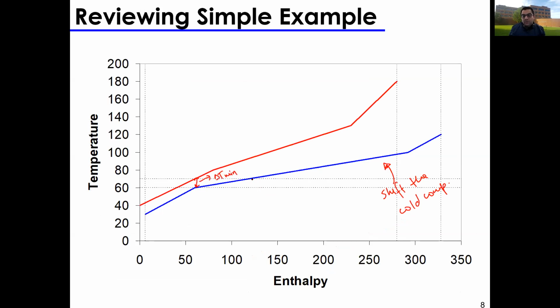Okay, so you just overlay them, and then you move them closer to each other by shifting the cold composite until the minimum distance between the lines is equivalent to delta T minimum. And once you get to this point, this temperature here, this is your pinch point, basically.